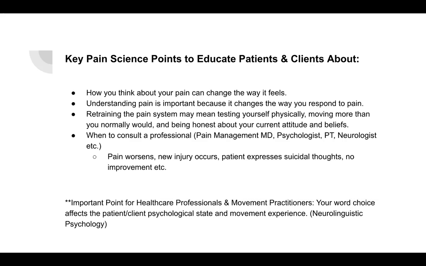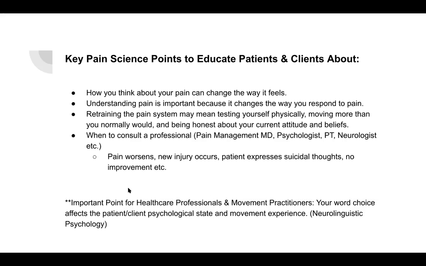Knowing when to consult a professional, such as a pain management MD, psychologist, PT, neurologist, etc. Some other key points. This is mainly for professionals. If a patient or client's pain worsens, a new injury occurs, patient expresses suicidal thoughts, or there's no improvement, obviously there's some follow-up that is required to get that patient moving along.